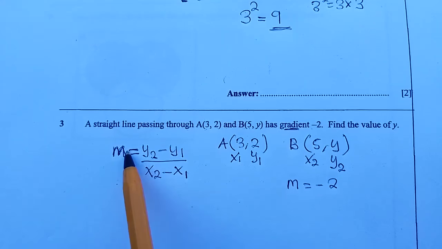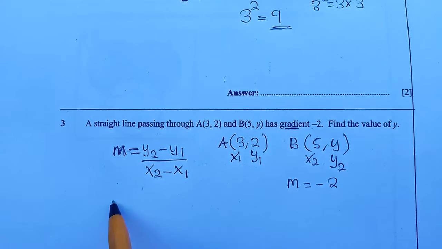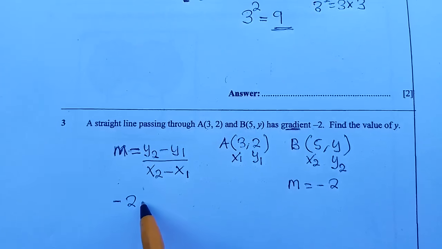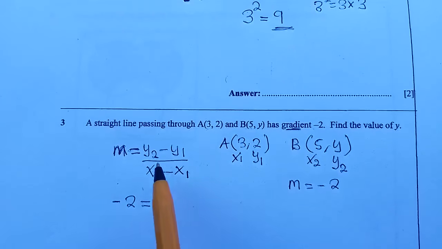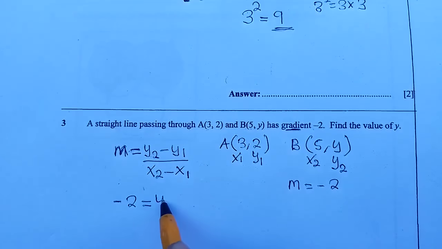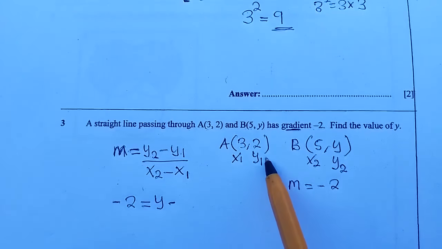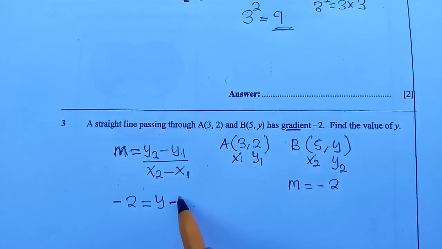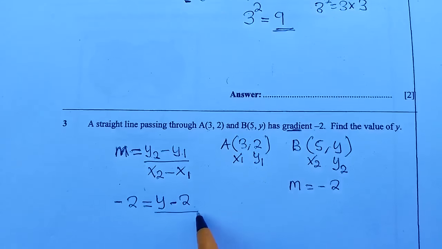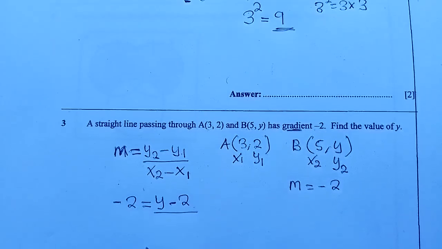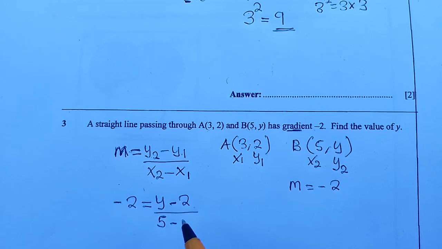So what is your gradient? -2. So you put your -2 there. You say this is equal to, what is y2? y there. So you say y minus, what is your y1? Here, which is 2. Then you say over, what is your x2? x2 is 5. So 5 minus, what is your x1?